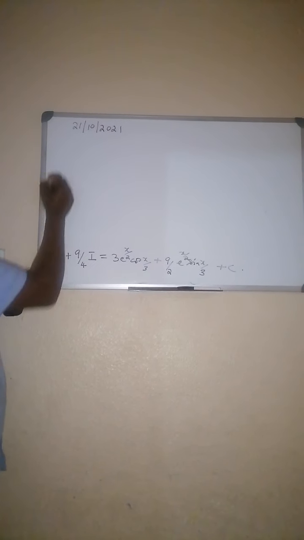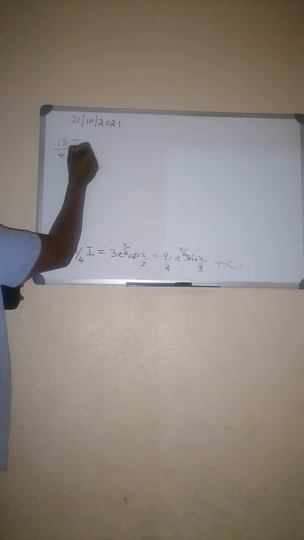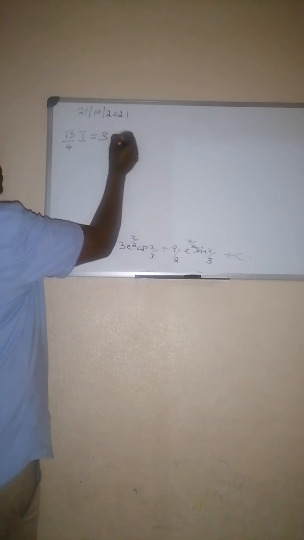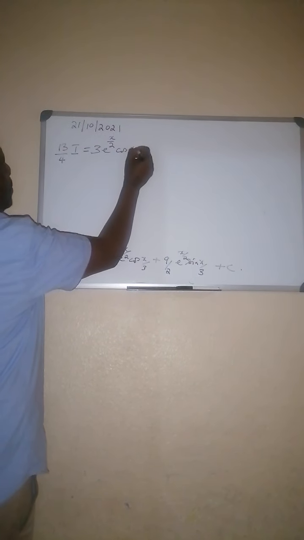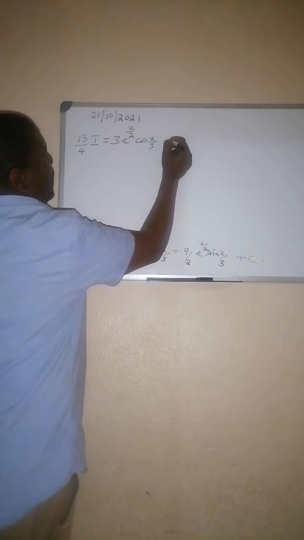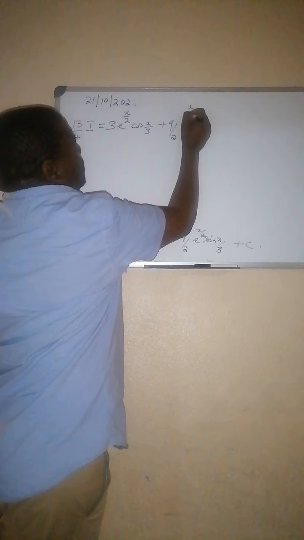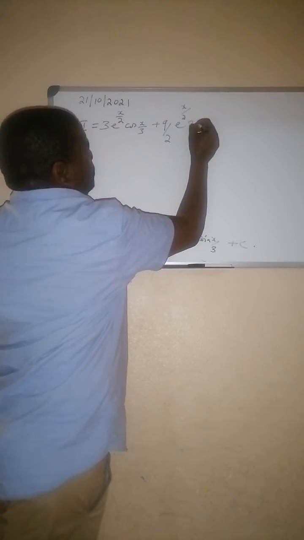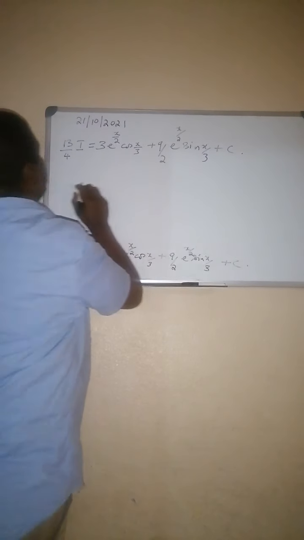So I can have 13 over 4 I equals 3 e to the x over 2, the cos of that, plus 9 over 2 e to the x over 2, the sine of that, plus c.